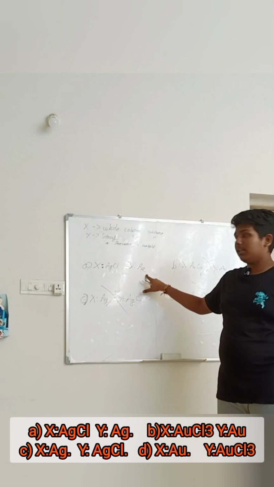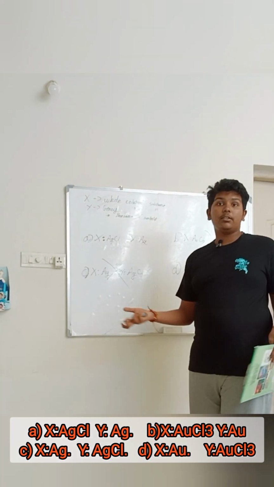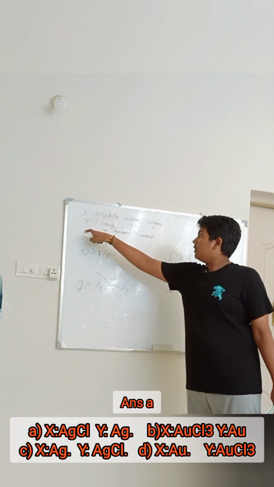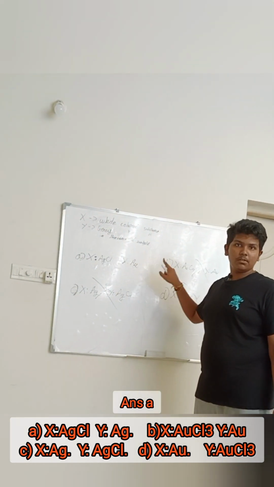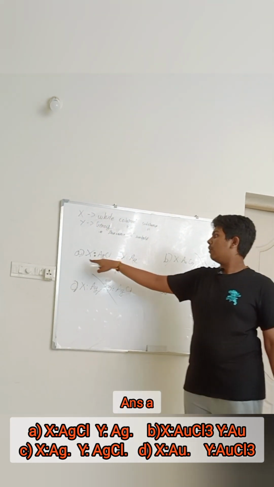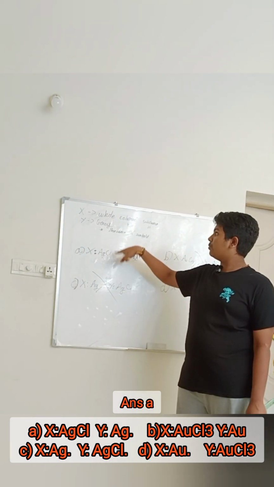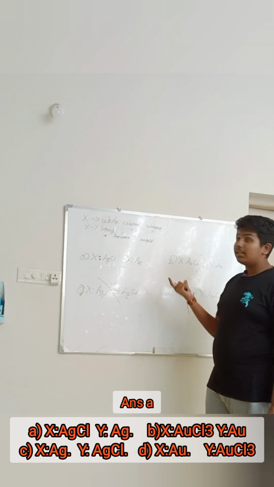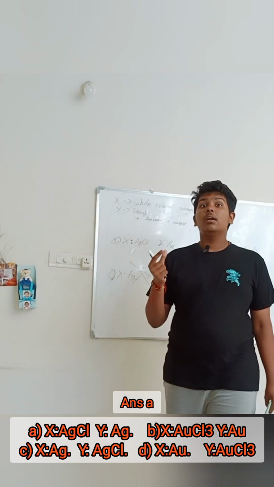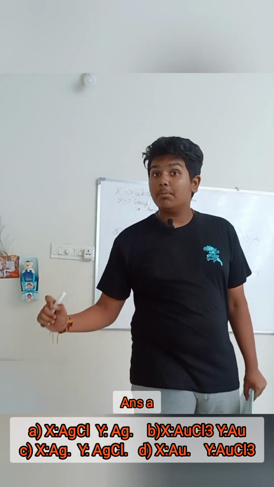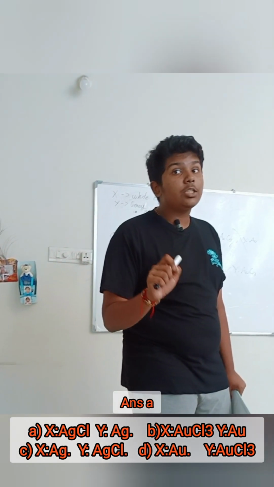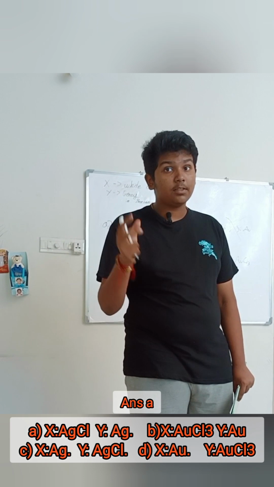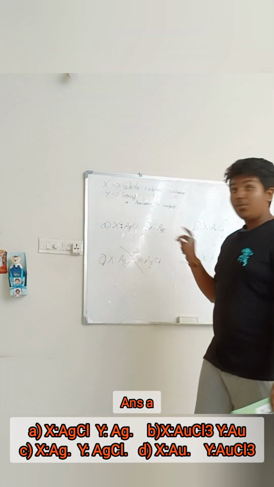Because here Ag, silver, the color of silver is grey type color, no? So here it is correct. It is silver. While this one, AgCl, is a white colored substance. And this is a reaction called photolytic decomposition reaction, in which the reactant gets decomposed and splits into two products.